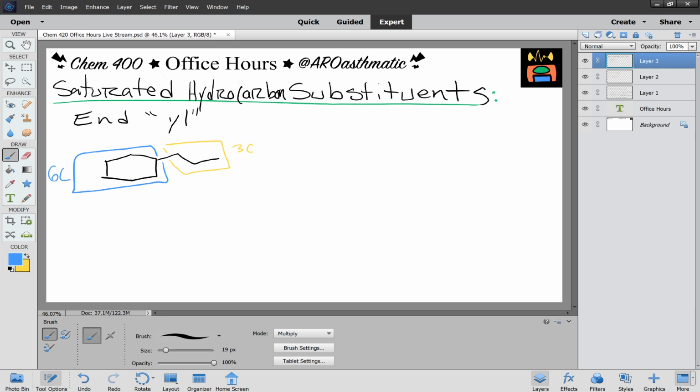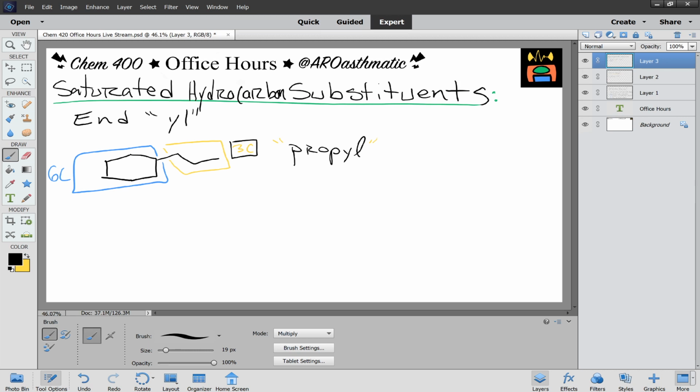So the ring is the parent, and the 3-carbon side chain is the substituent. Because the side chain has 3 carbons, we say that it is a propyl side chain.